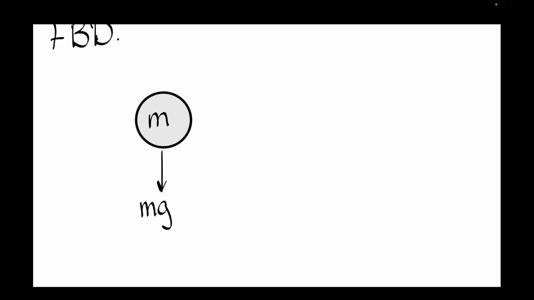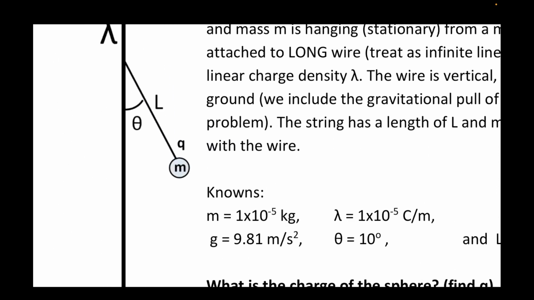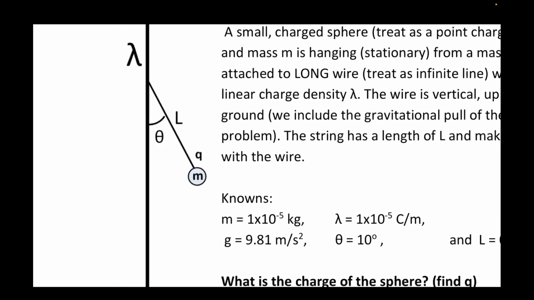So we have mg, or gravity, pulling it down. And then I have Fe pointing this way. Well, you're asking, how do you know this? Let's talk about the rod first.